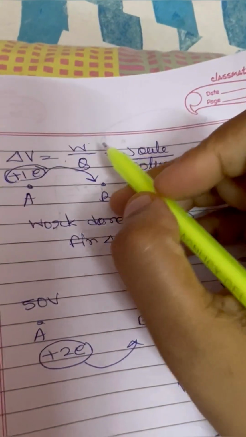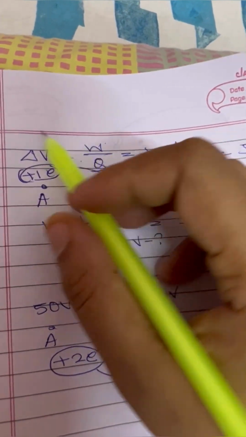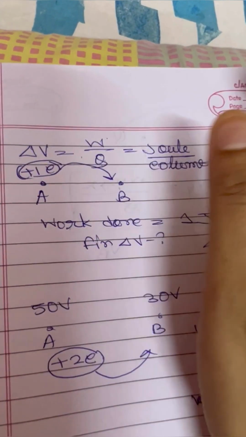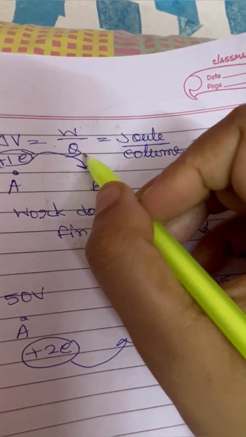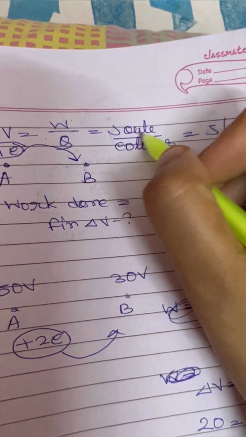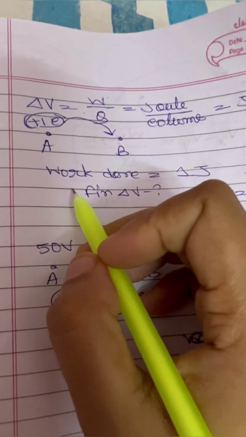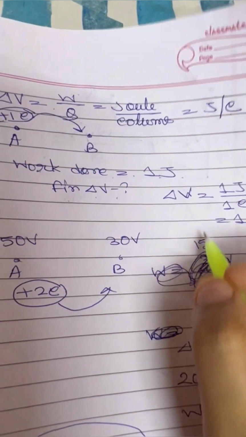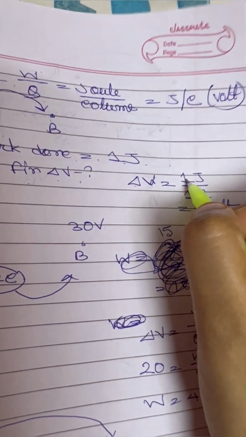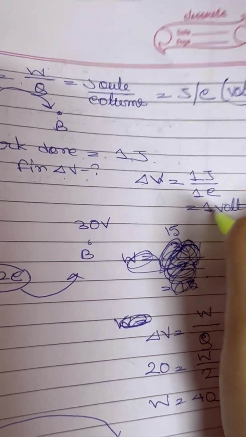Work done is in joule and charge is in coulomb, so joule per coulomb. If work done is 1 joule, potential difference is 1 joule by 1 coulomb, that is 1 volt.